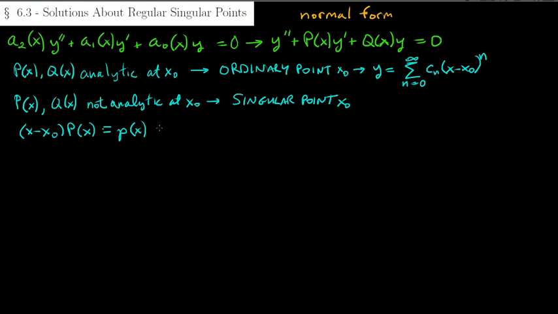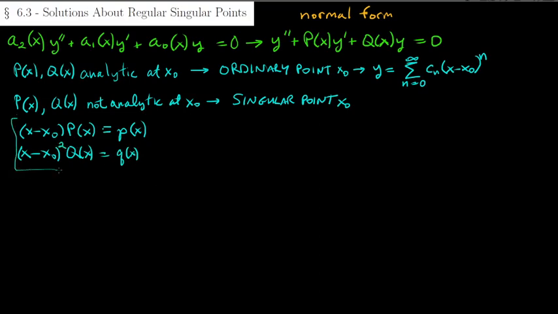So if this is analytic, well, actually, before that let's do both conditions here. So x minus x0 squared times q of x, let's call that lowercase q of x.